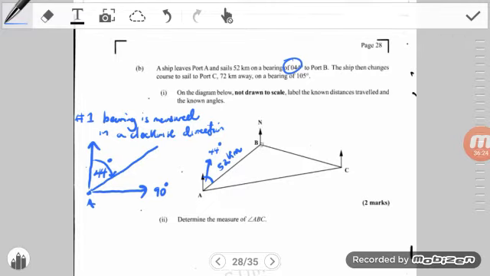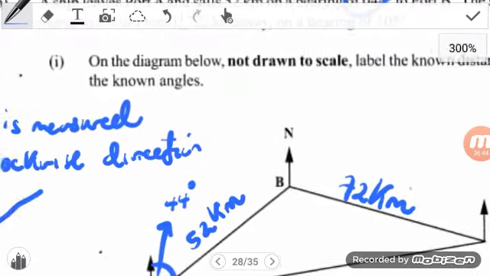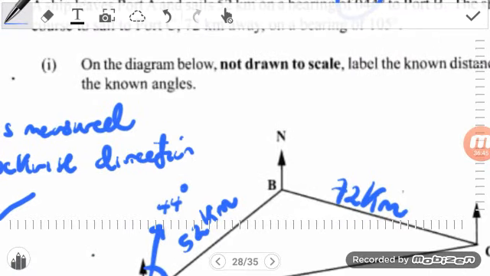So there you can see another north line is established by the captain, and it changes the course and it's now going to port C. But going to port C is basically 72 kilometers away. Alright, and now this bearing is 105 degrees. So we have already established our north line, and we just discussed why the bearing is going to be where it is.